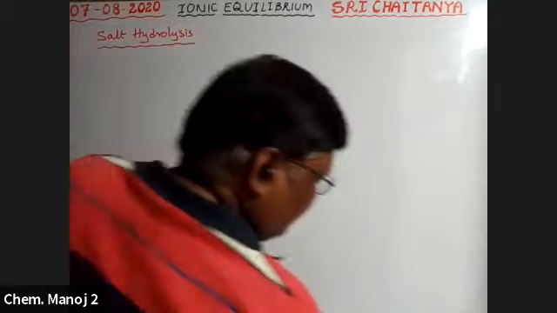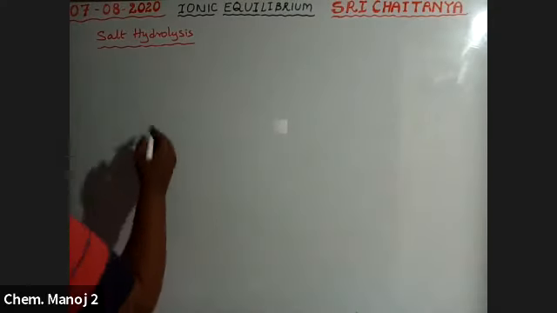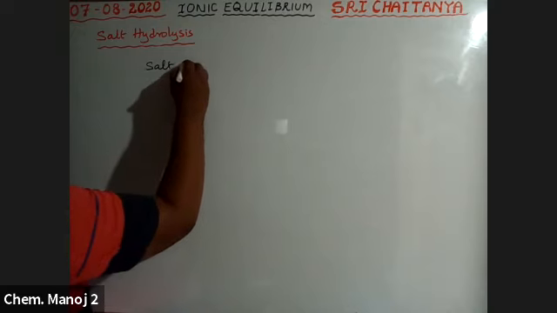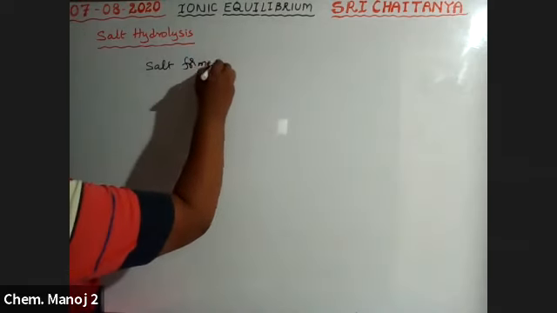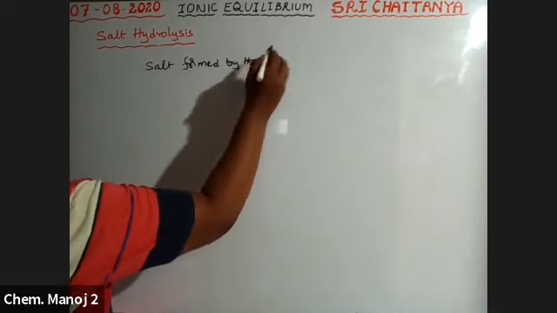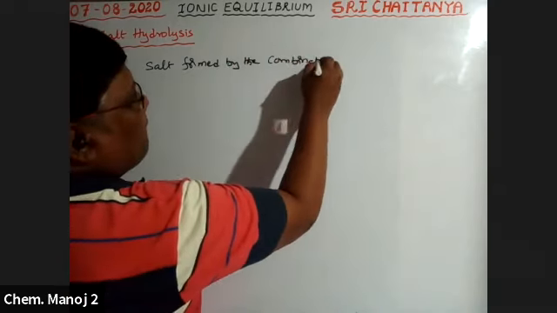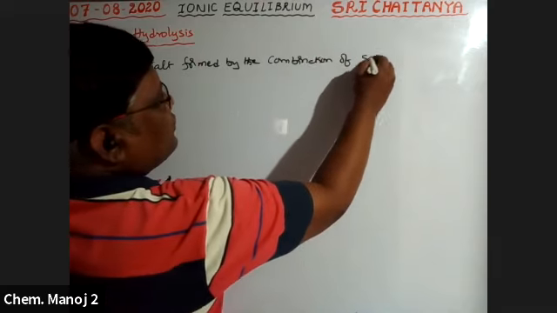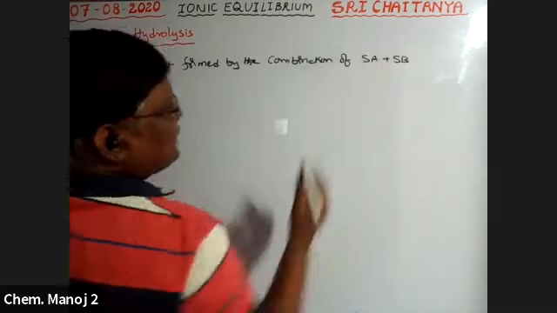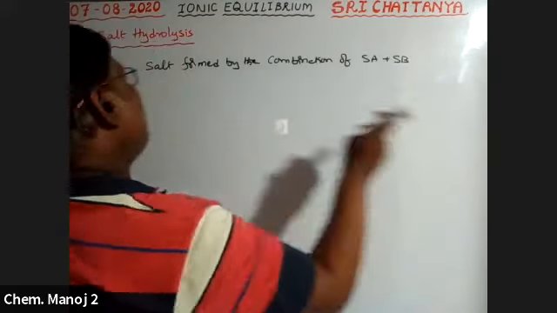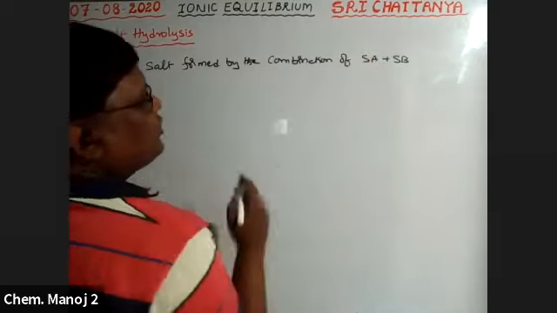That is, salt formed by the combination of a strong acid reacting with a strong base. If a strong acid reacts with a strong base, a salt is formed, that is salt from strong acid and strong base.